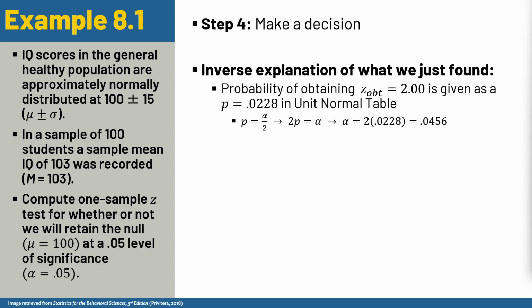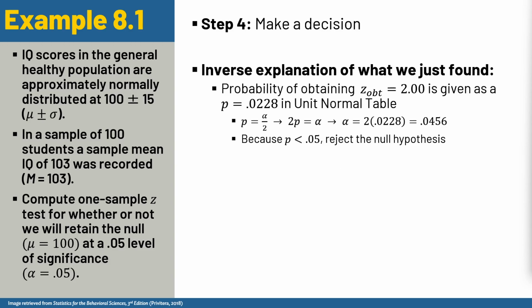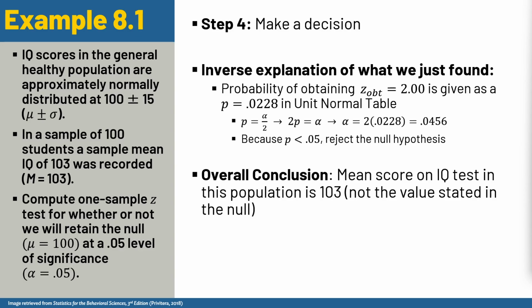If we plug this into the formula, knowing that p is alpha over 2 in this non-directional two-tailed test, I can do some algebra and find that the p-value is 0.0456 for this overall test. In other words, the overall p-value is less than 0.05, therefore we reject the null hypothesis. It's just another way to go in reverse to identify the specific p-value for our test and to demonstrate why we are rejecting the null.